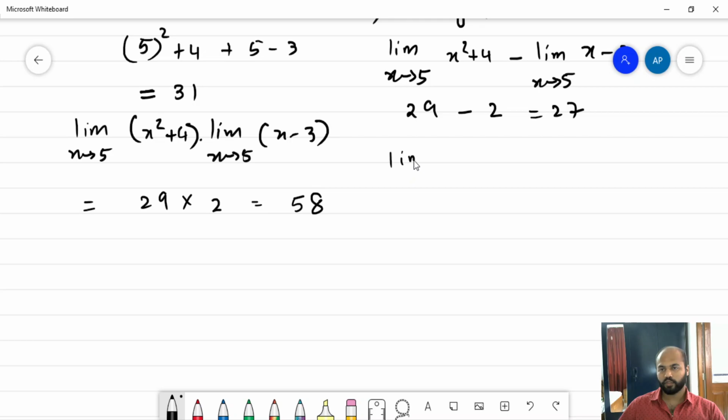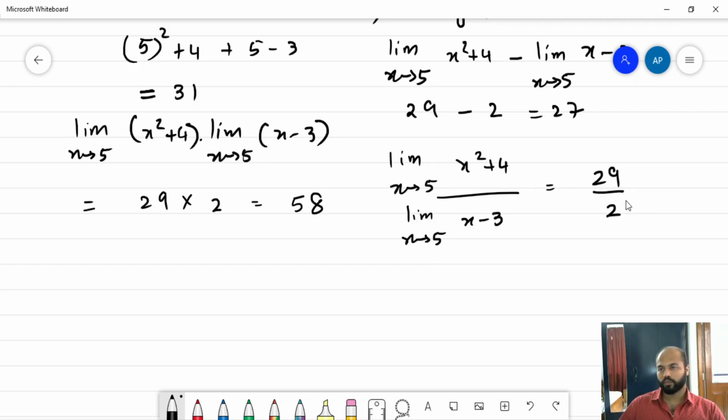And lastly, it's going to be the division part, that is limit x tending to 5 x square plus 4 by limit x tending to 5 x minus 3. So x square plus 4 is 29 by 2. That is going to be the answer to this question.